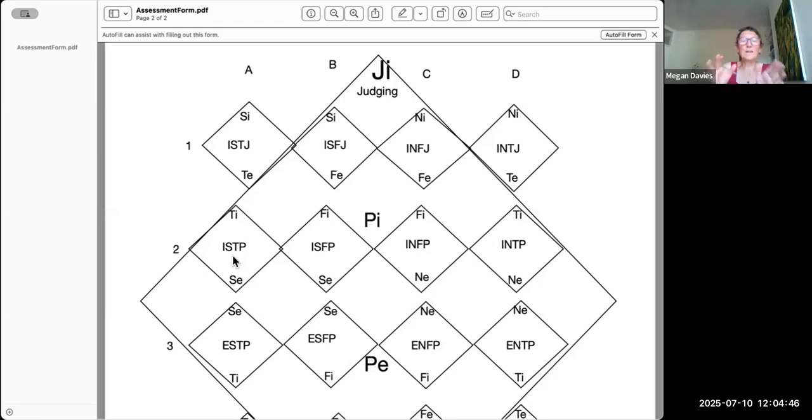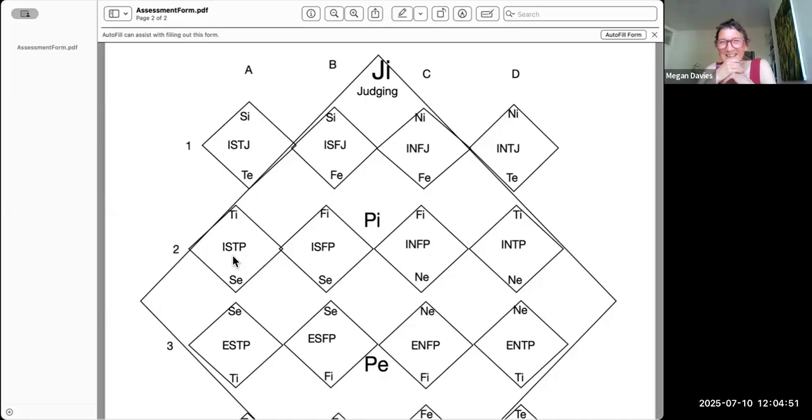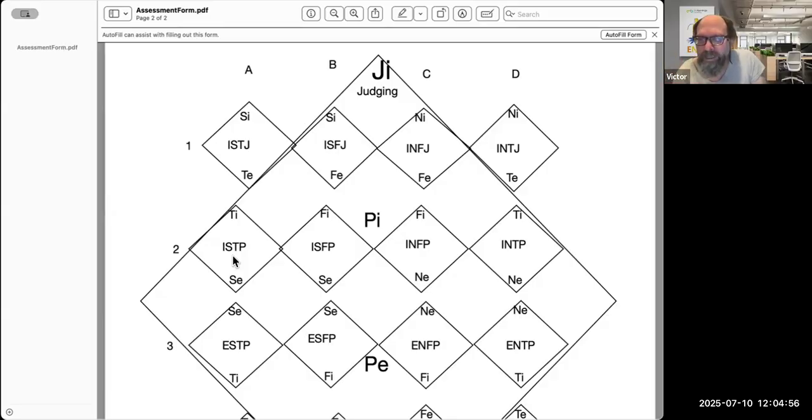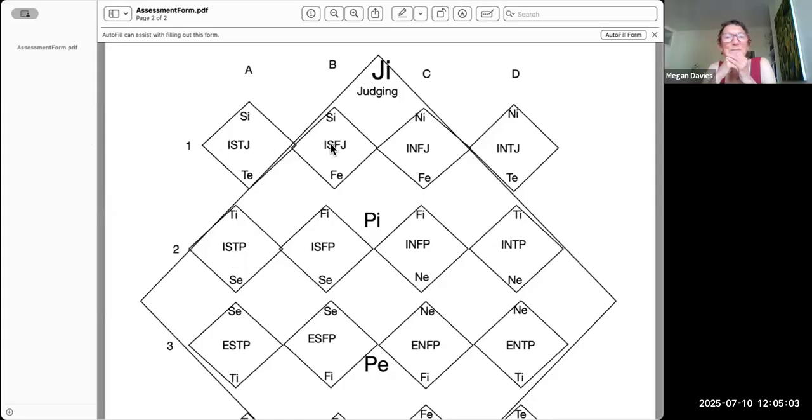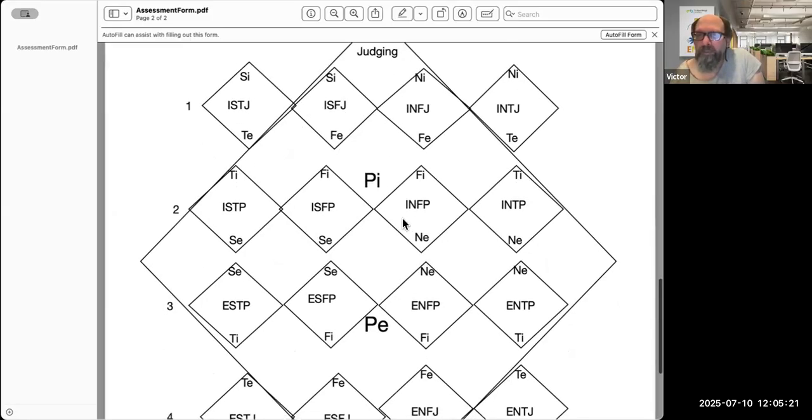I need to sit down quietly and think about that. The function attitudes are easy. The Myers-Briggs letters are a little confusing, which is why by putting them in this sequence, you can at least start seeing how they're related and different, which will help you remember.